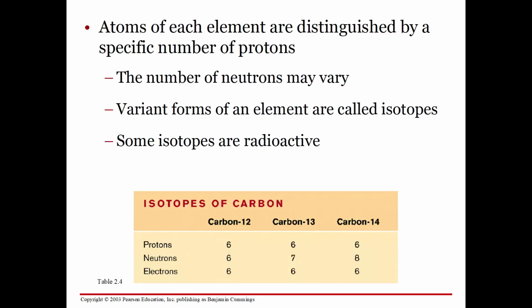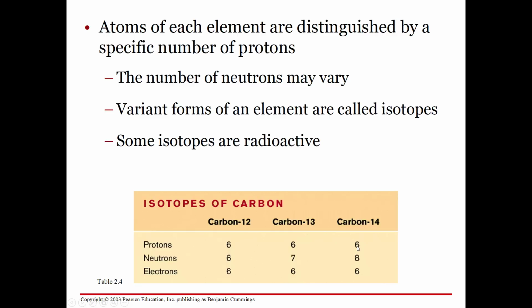If we look at the chart down here, we can see that there are 3 forms of carbon, or isotopes, in this chart: carbon-12, carbon-13, and carbon-14. We know carbon has 6 protons, and you will see in these isotopes 6, 6, and 6. That's not going to change.